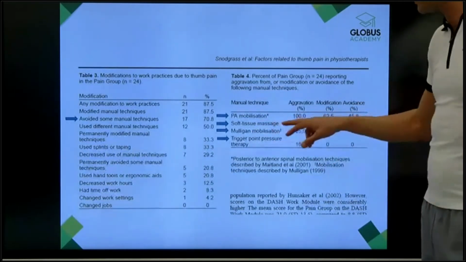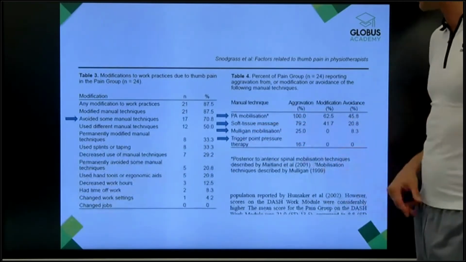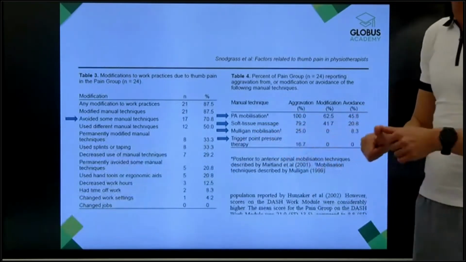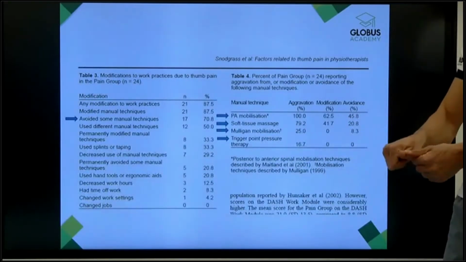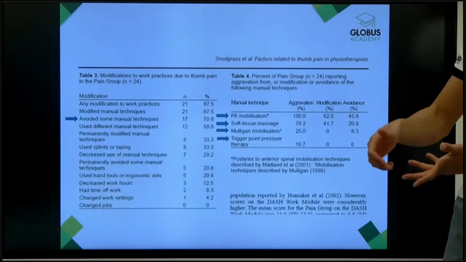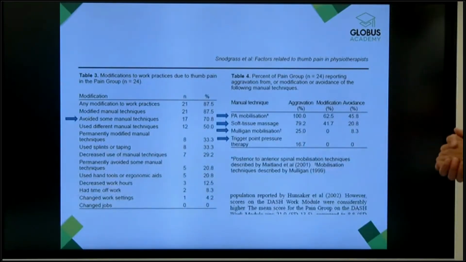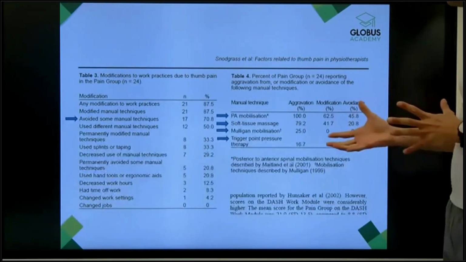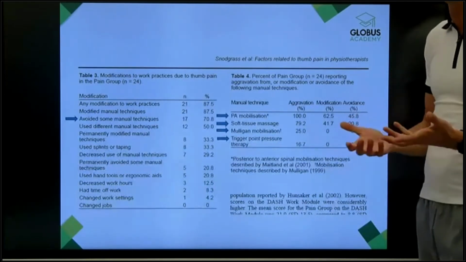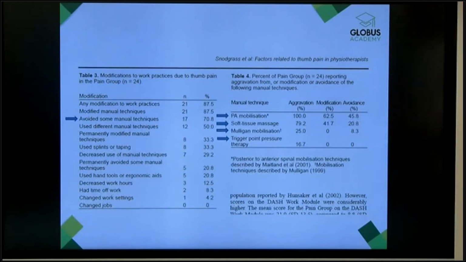Also soft tissue massage, or Mulligan mobilization, or imagine trigger point pressure, like ischemic pressure maintained for minutes and then for hours, can really damage our hands. So having some tools is really a good idea to save our hands.